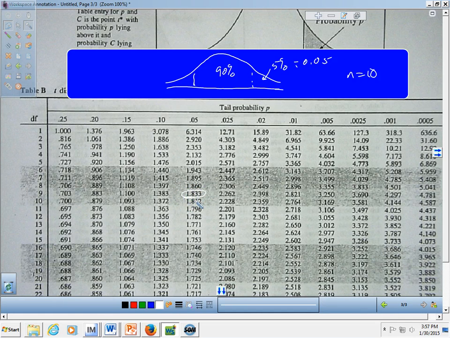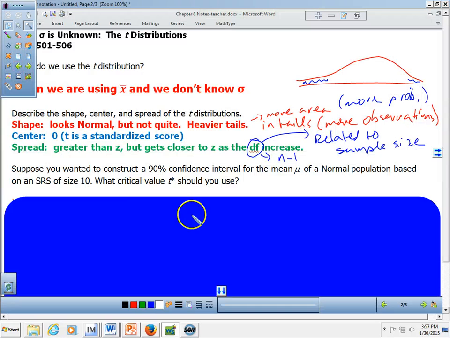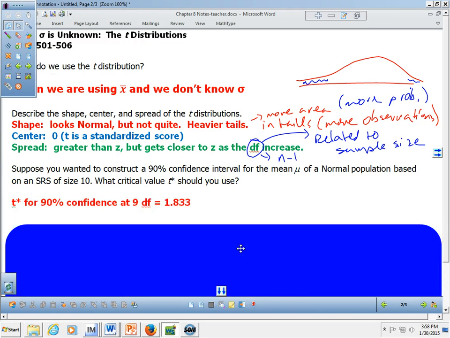And so our t star is going to be 1.833. So for a 90% confidence interval, at a degrees of freedom of 9, it's going to be 1.833.